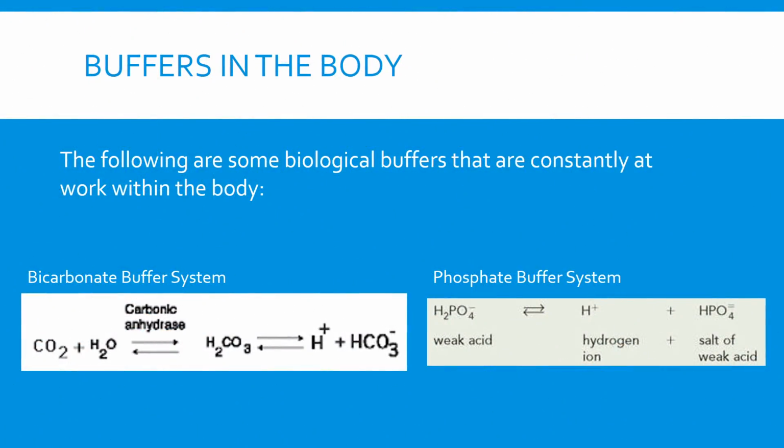There are several biological buffers that are constantly at work within your body to maintain an equilibrium. They all work to maintain the blood pH at 7.4 and prevent drastic changes in the pH levels that can harm your body by harming your DNA, your proteins, and your enzymes.